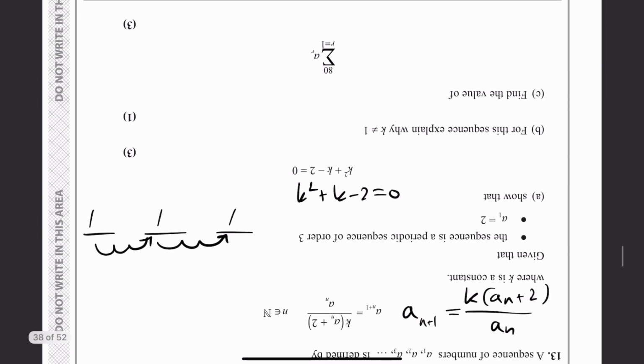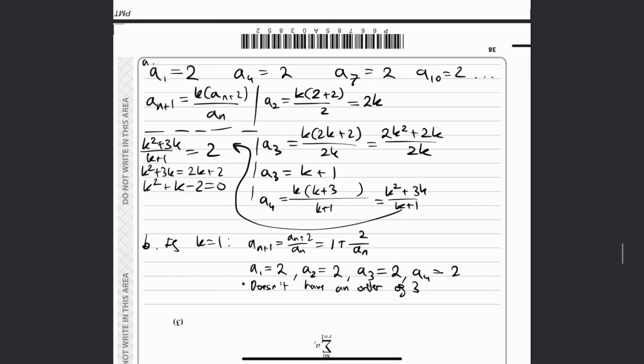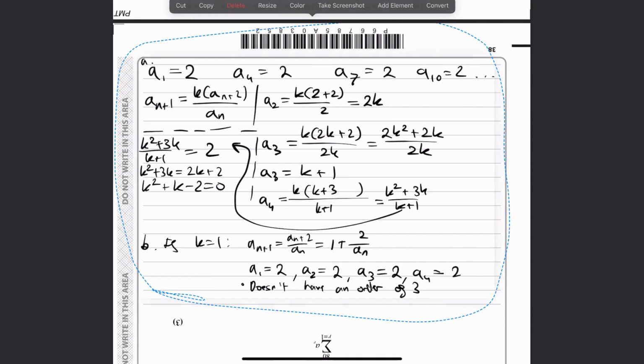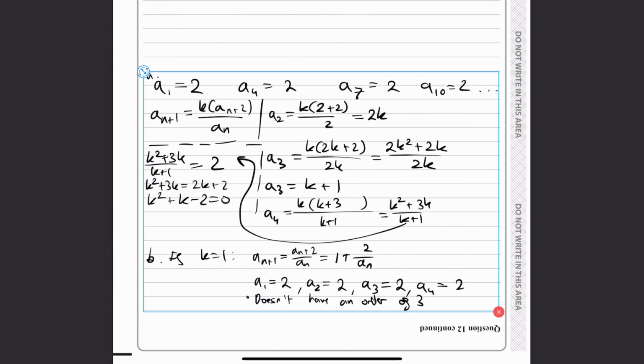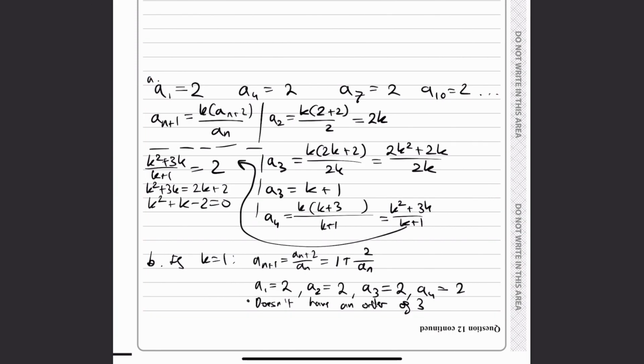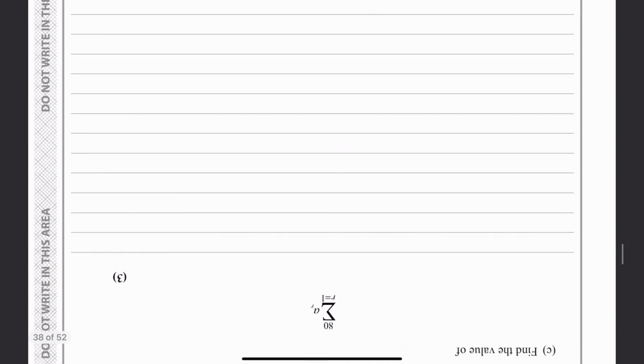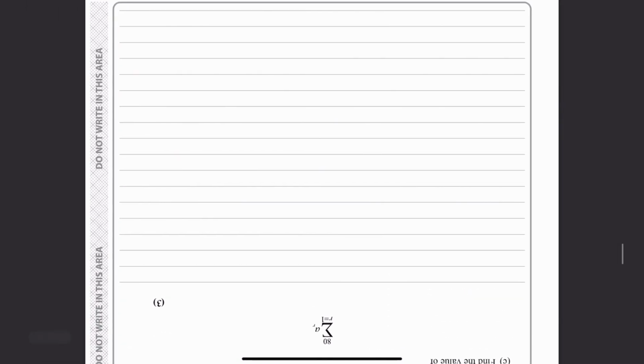Okay. And now I feel like I'm going to need a bit of space for the next question, so let me just do this. Paste and match style. Okay. And find the value of that sum. And it's just a single sum.